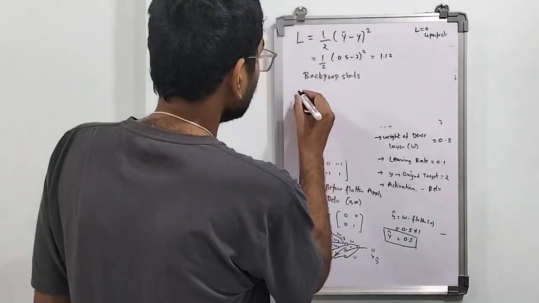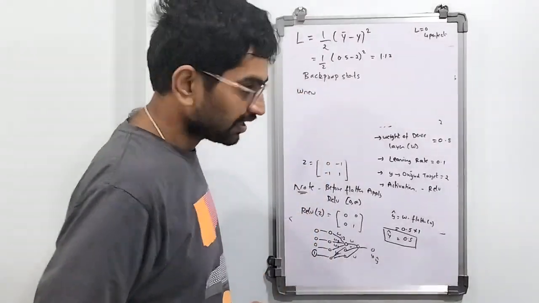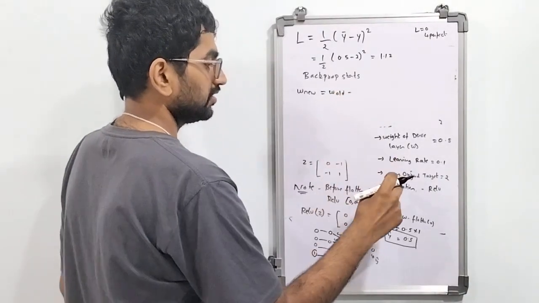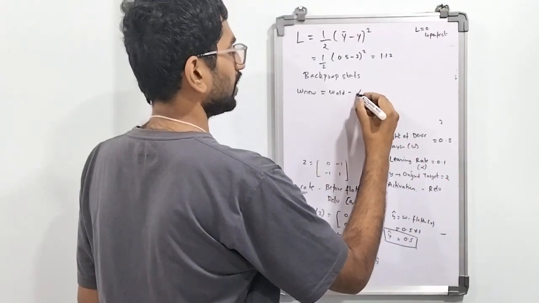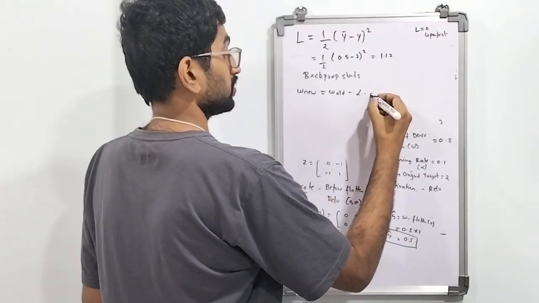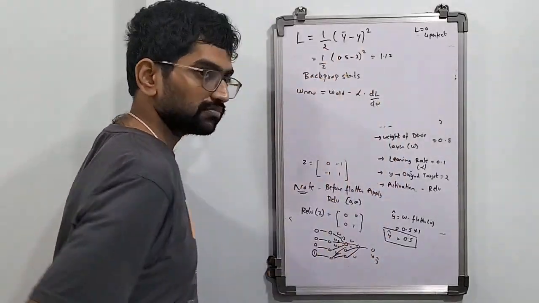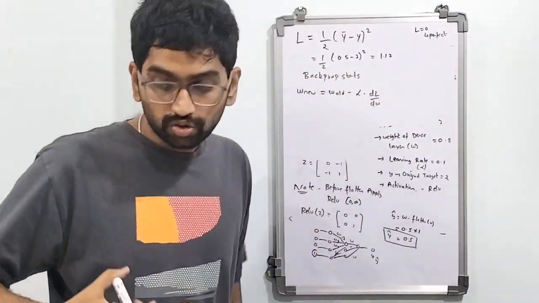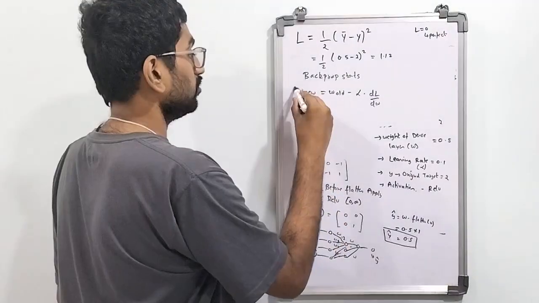To update the weights, you have this formula: new weight is equal to old weight minus the learning rate, which we call alpha, into dL by dW. This is the formula to calculate the new updated weights.